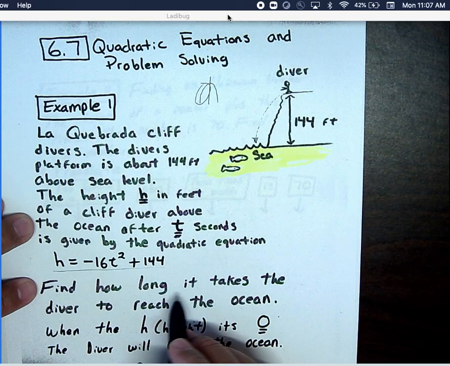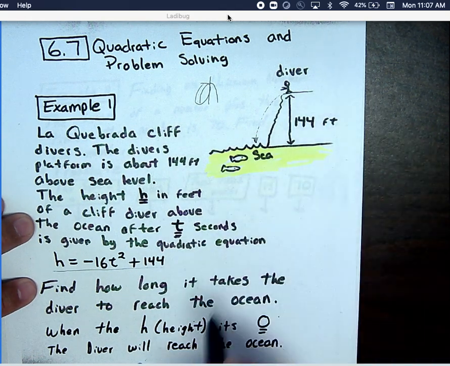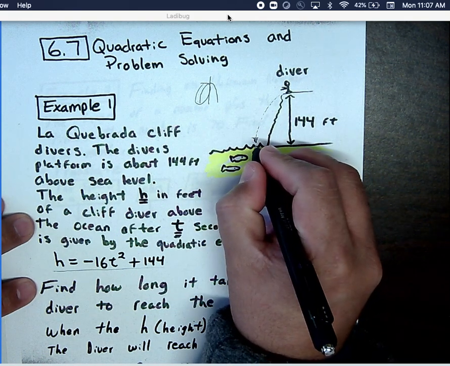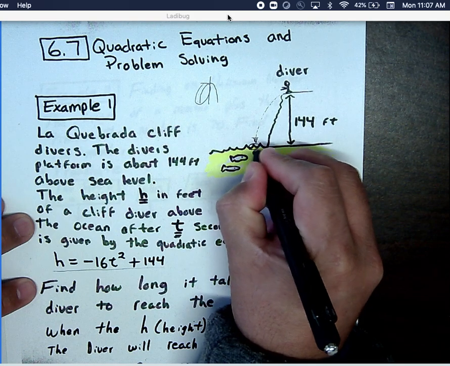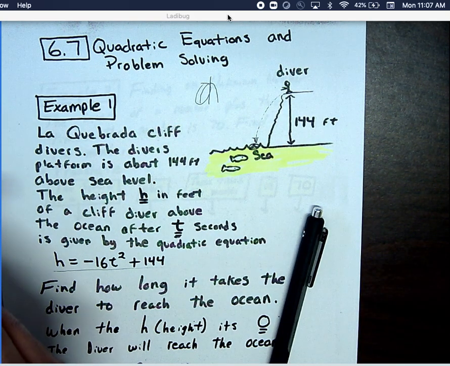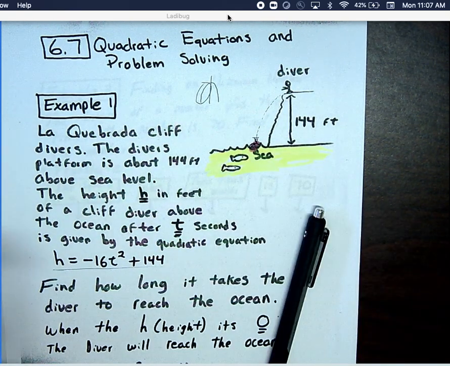Okay, find how long it takes the diver to reach the ocean when the height is 0. They want to know when it hits the ocean, so it would be here. Let me highlight it. So this would be when it hits the ocean right there.